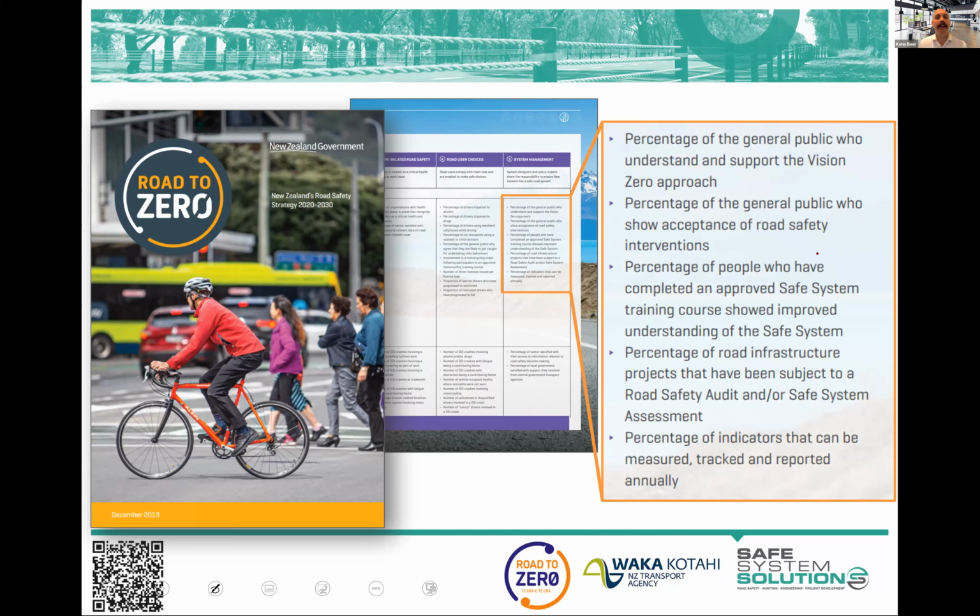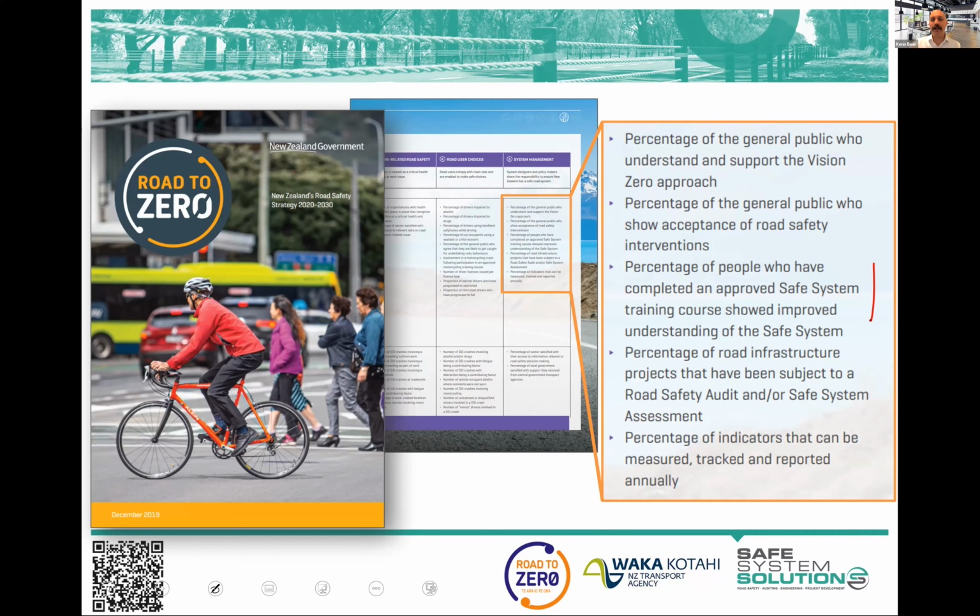So that's good. In amongst the many things, download a copy and have a flick through if you haven't already. There are quite a number of exciting things, but one that I've just grabbed out here looks at a few dot points, and these are the key performance indicators. What are the two that I'm really interested in? A percentage of people who have completed an approved safe system training course and show improved understanding of the safe system.